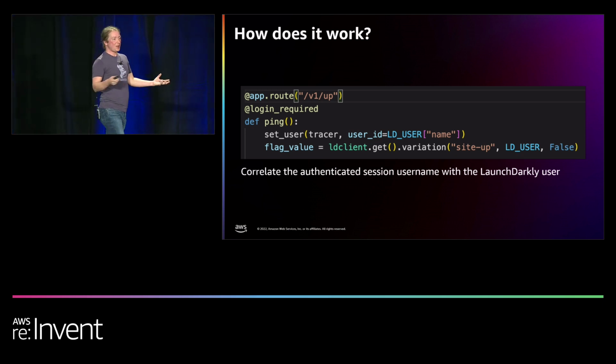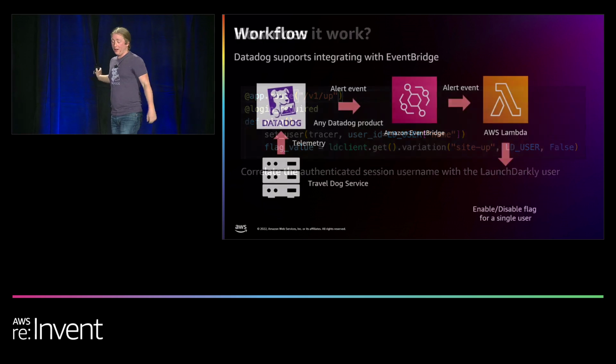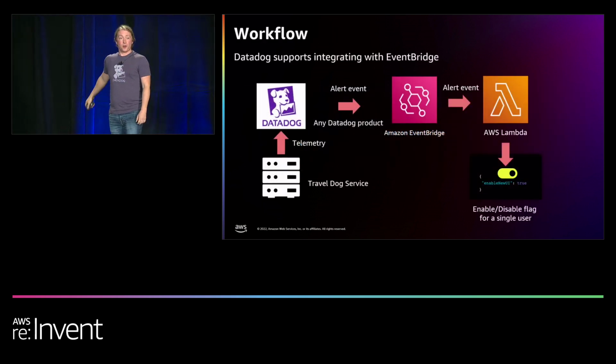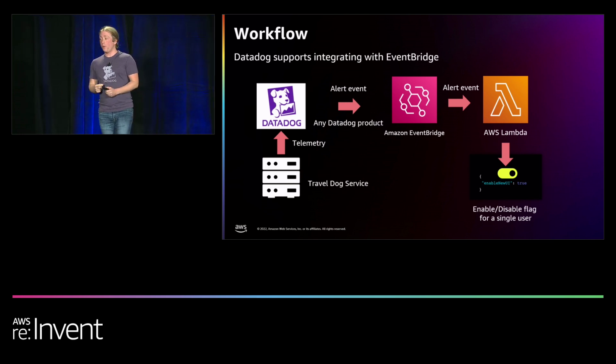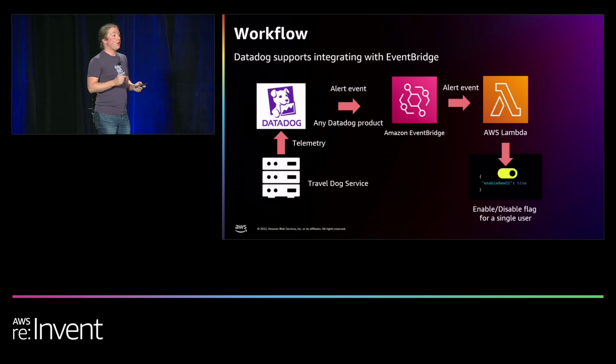And I did champion kind of the webhook integration for turning flags on and off earlier. But if you want to do something a little more complicated and a little more fun, we can chain together some serverless stuff, right? And that is one of the more powerful ways that we can integrate with LaunchDarkly today, which is to take a service like the one I'm going to show you. That service is going to emit telemetry to Datadog. Datadog has a great integration with AWS EventBridge, or Amazon EventBridge.